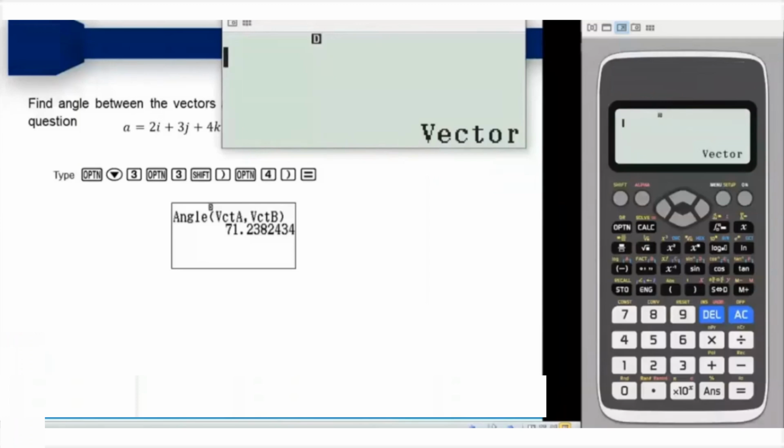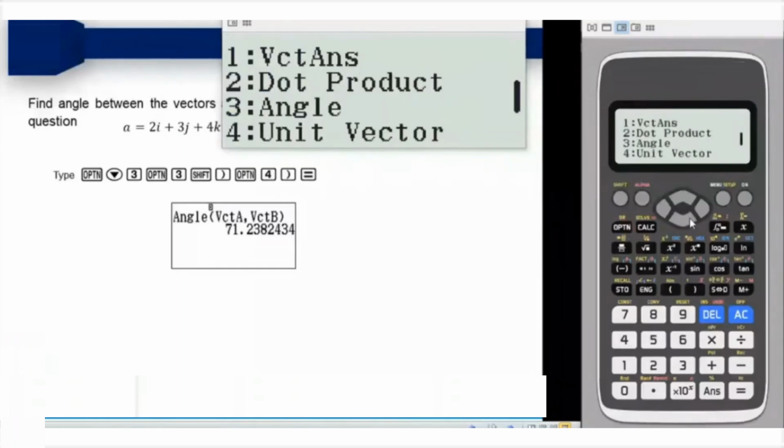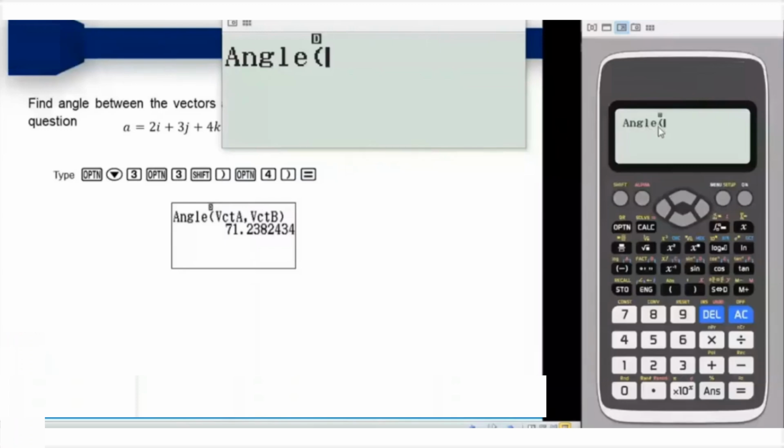But in the case of calculators, if you need to find the angle between the vectors, all you need to do is press option, scroll down and press 3. When you press option and scroll down, in 3 you are shown angle. So you press 3, angle, and the bracket is open. So the calculator is asking you to identify between which vectors you need to find the angle. I need to find the angle between vector A, that is option 3, and vector B. Before you write vector B, you have to introduce a comma.